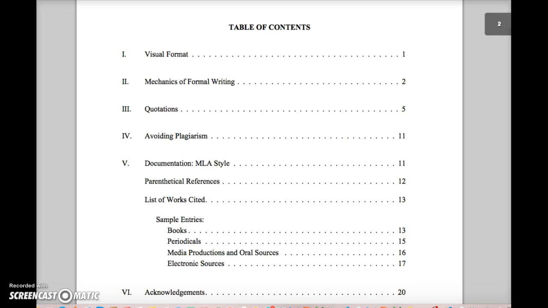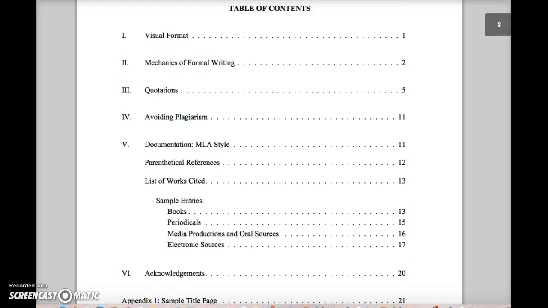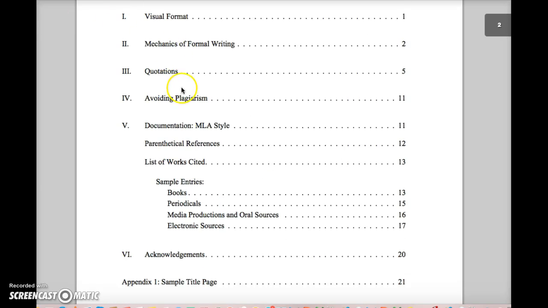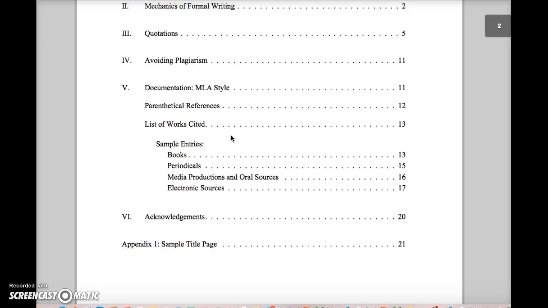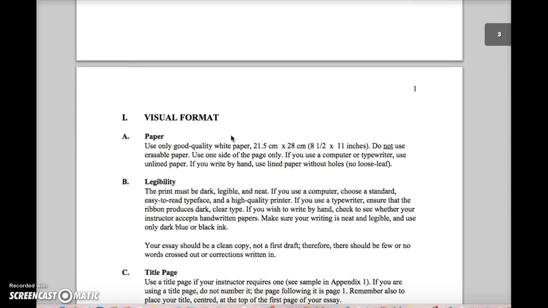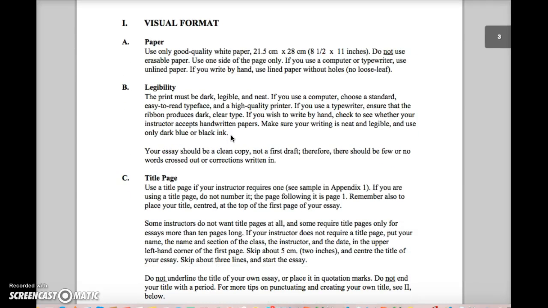So we have table of contents here, visual formats, avoiding plagiarism, information on how to add quotations, MLA style, so all papers written for the Department of English should be written in MLA style, and it will give you good information for what your paper should include.